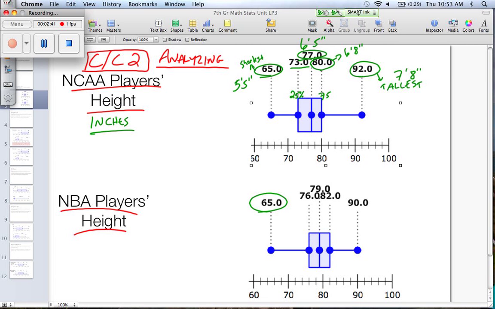I'm now going to apply the same details and conclusions to my NBA data down here. Now the shortest player is the same, both 5'5". The tallest player, though, is not as tall as in college basketball. The tallest player is 7'6". So one conclusion you can make already is that they have the tallest player, and they being the NCAA.